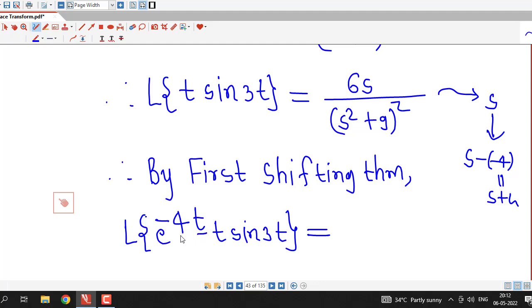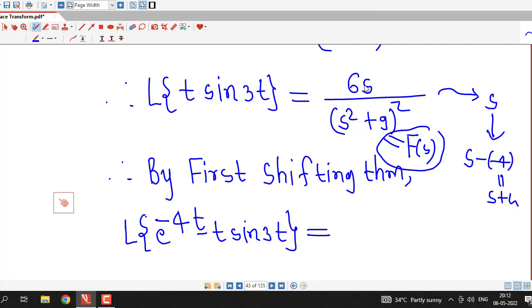Here coefficient of t is minus 4, and first shifting theorem says that if Laplace transform of f of t is capital F of s, then Laplace transform of e raised to at f of t is obtained by replacing s by s minus a in F of s, and here a equals minus 4.